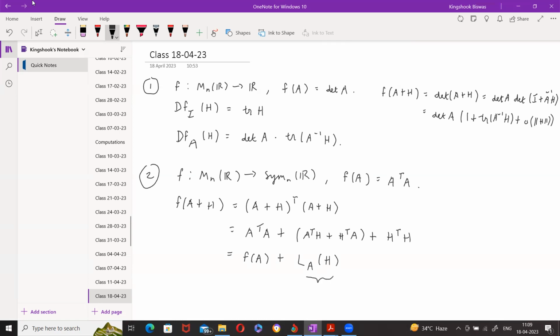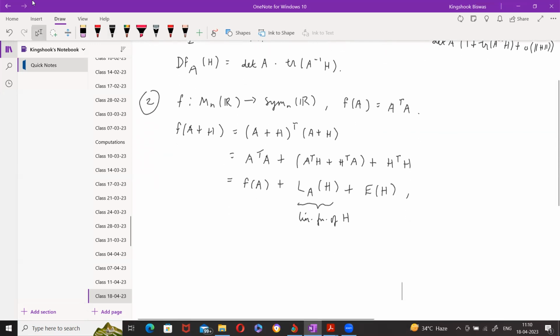This is a linear function of H. And then you have an error term, right? And you have to show the error term is little o of norm H. Then this linear term will be the derivative, right?